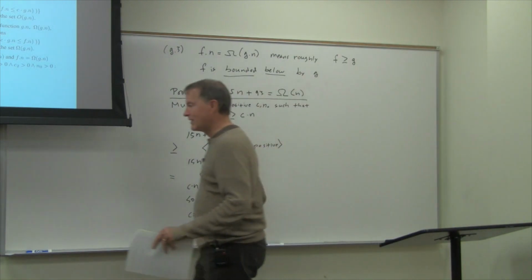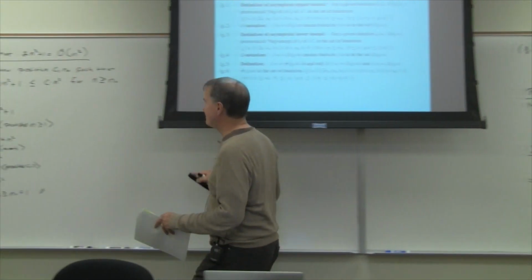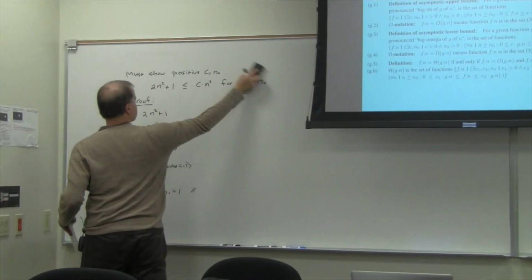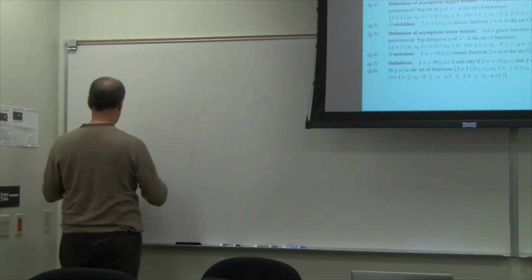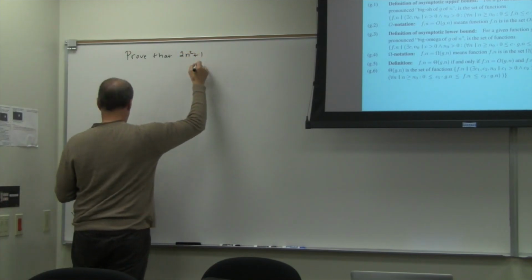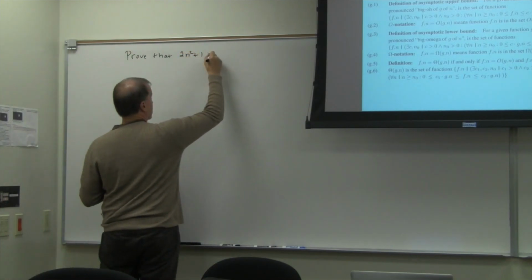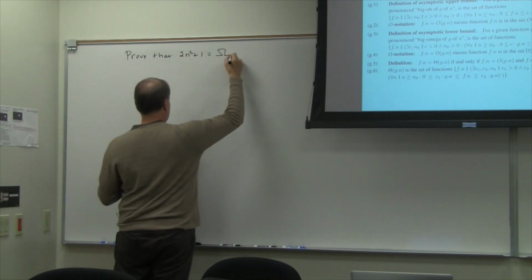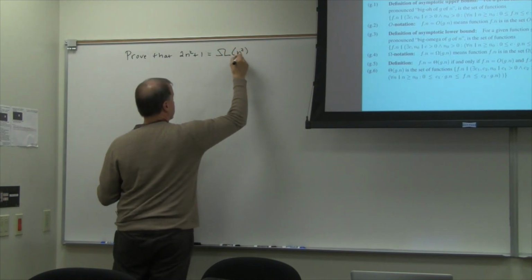Now let's do another one. Let's prove that 2n squared plus 1 equals big omega of n squared.